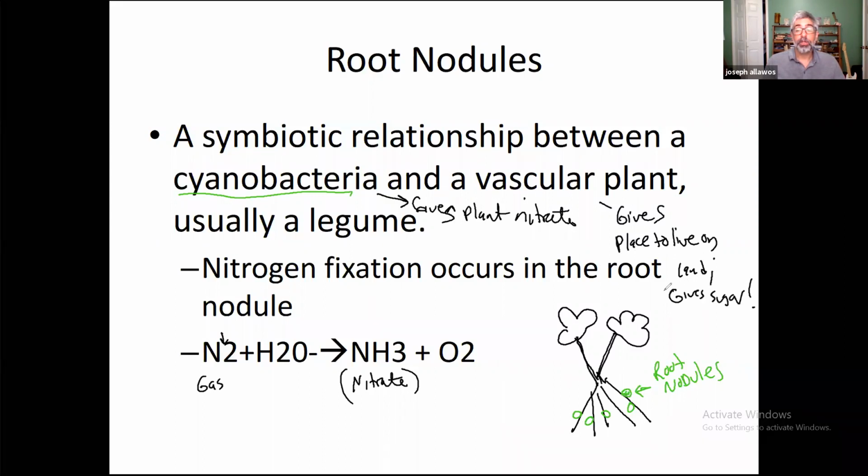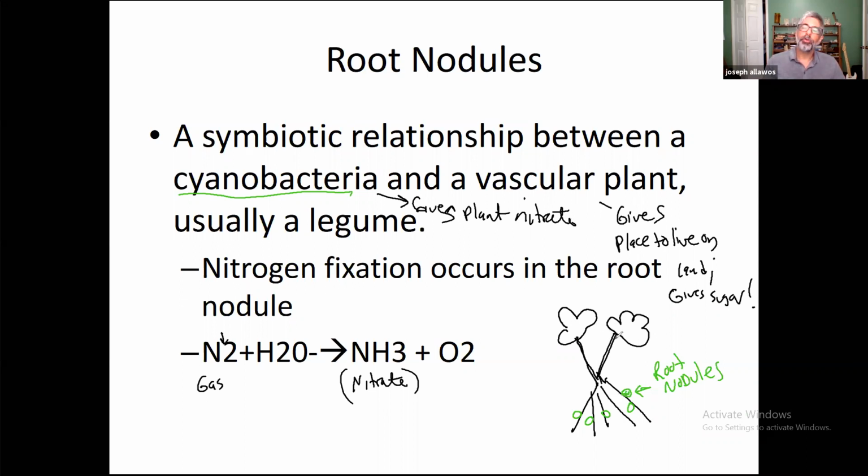And so, you know, at first glance, this almost looks like a parasitism. You're like, well, this thing is just stealing sugar from the plant, right? But on closer look, you realize that it's giving the plant something back. It's giving the plant nitrate. And what we actually know about this relationship is it's really the plant that controls the relationship, even though it's a mutualism.